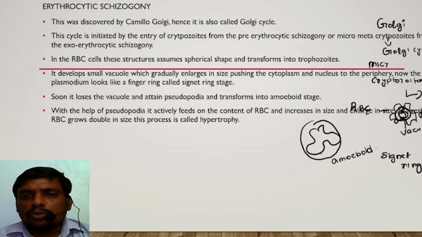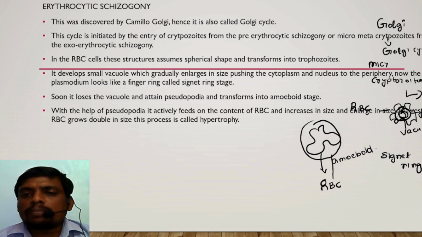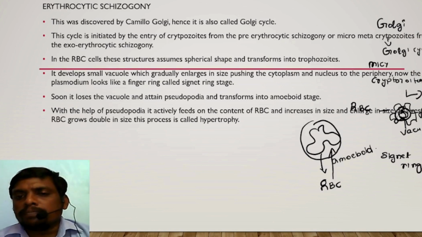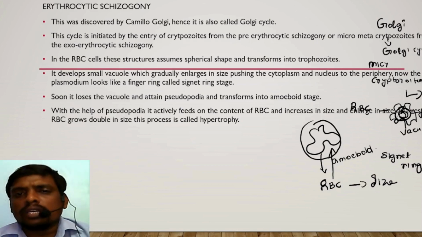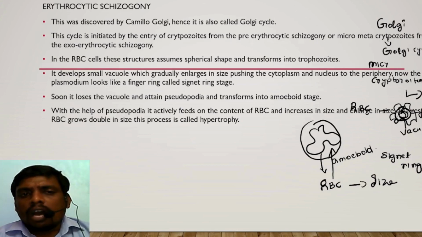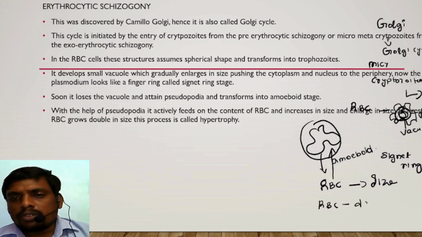With the help of pseudopodia, it actively feeds upon the contents of the RBC, utilizing the nutrients present in it and enlarging in size. The RBC now grows to double its size, and this process is called hypertrophy.